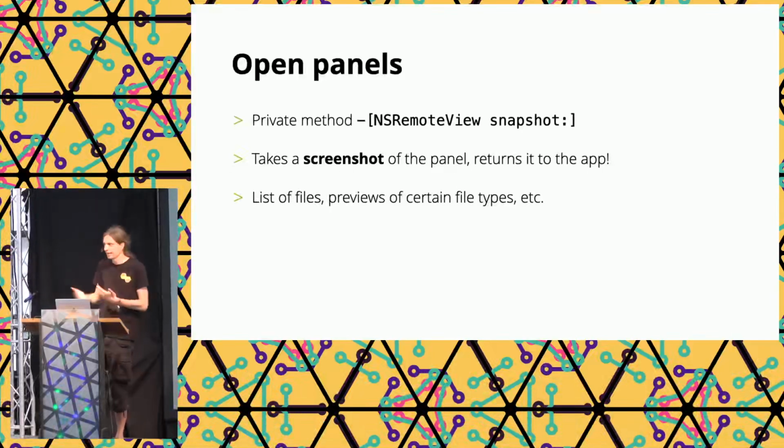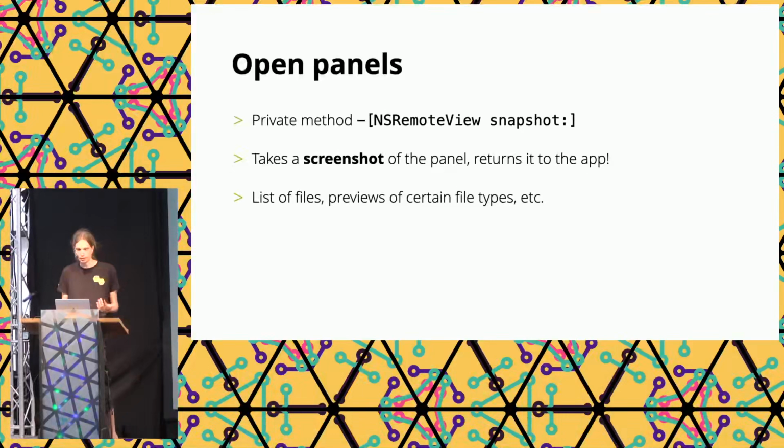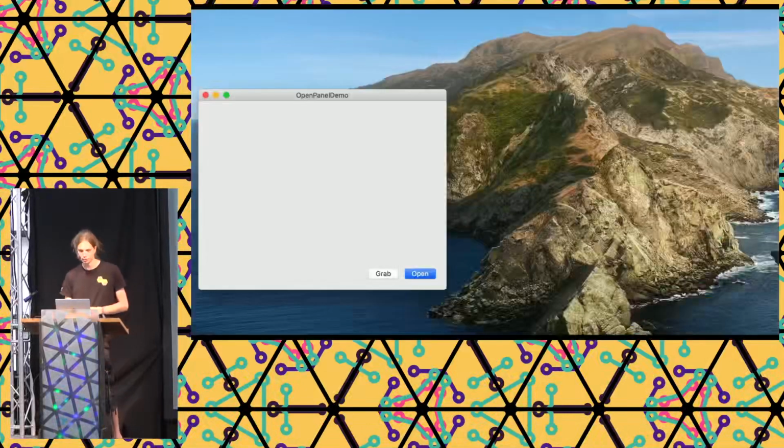So, yeah, in this case, when you open an open panel, you can get a list of all of the files the user has, get previews of certain files. Yeah, this was not intended for sandbox applications, because the entire reason why this is here is that the application can't know what documents you have. But apparently they added this method to take a snapshot.